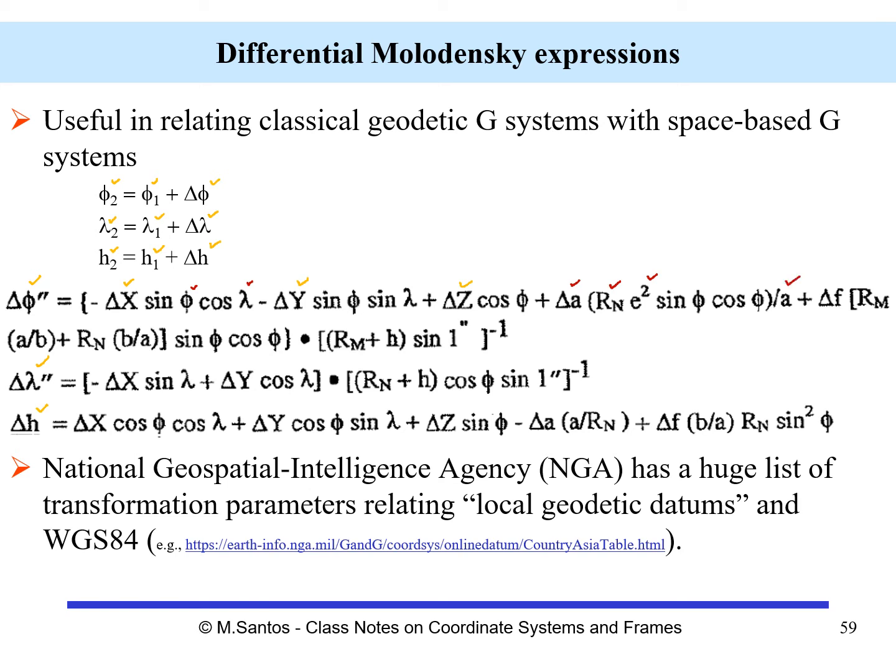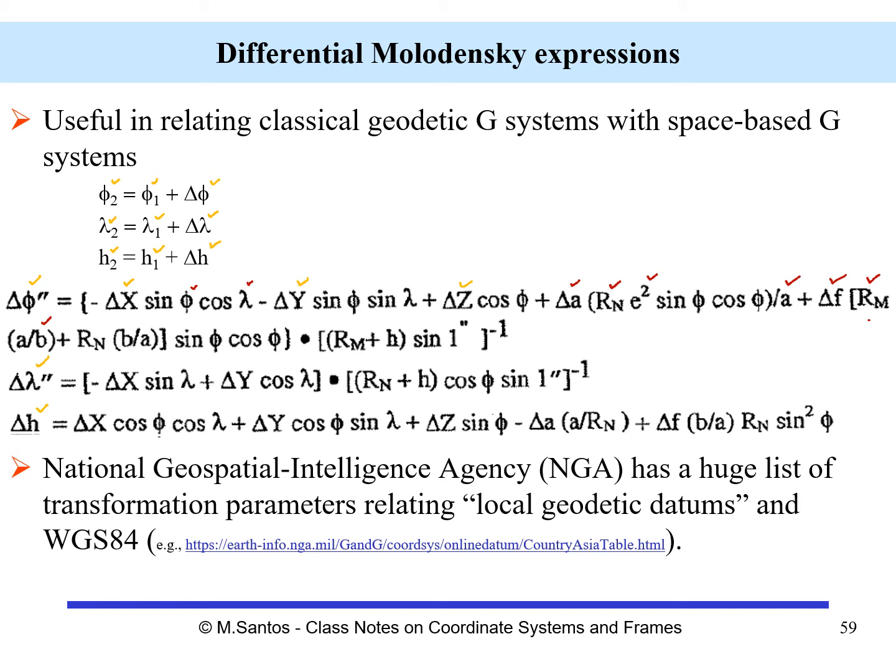A is the parameter of the classical geodetic frame. B is the minor semi-axis. A is the major semi-axis. Delta F is the difference in flattening. And Rm represents the radius of curvature of the meridian section. So this is how it is done.